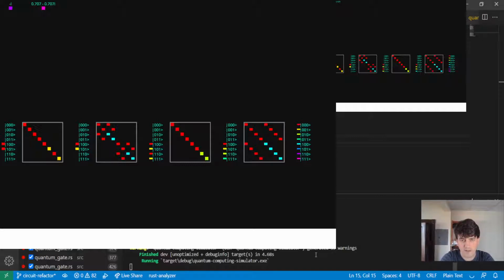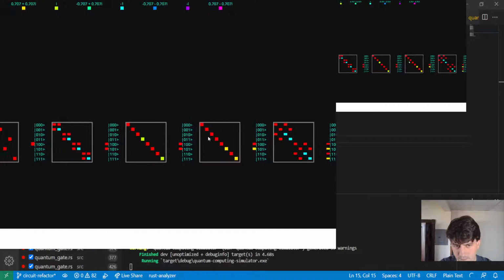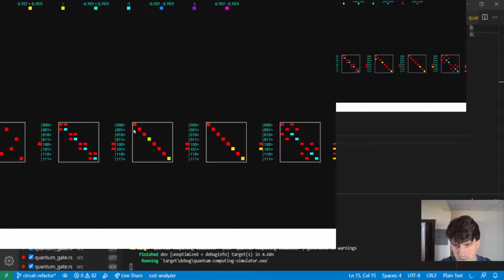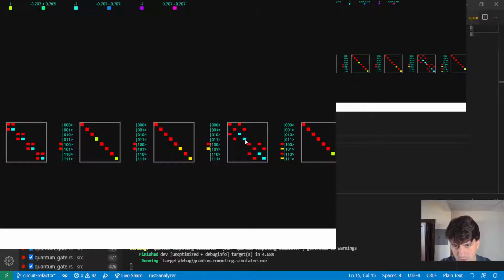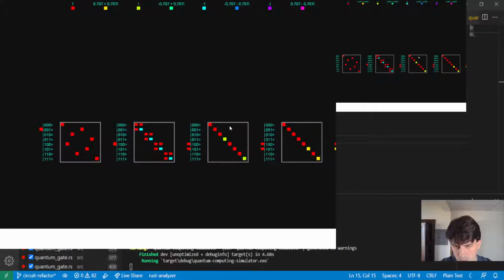Wait, there's something weird here. There is no 0, 3. There are only 3 basis components. 0, 2. That's 0, 1. Is this 1, 2? Oh, Hadamard is a single qubit gate.